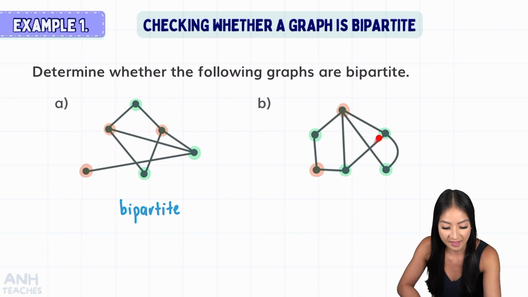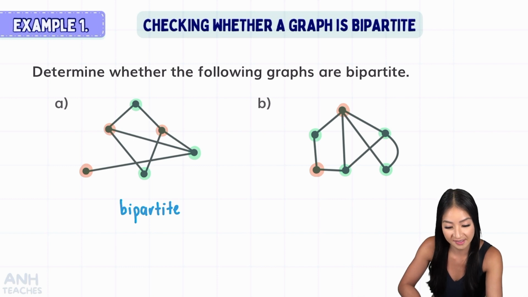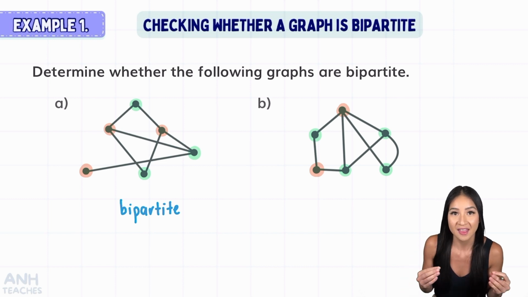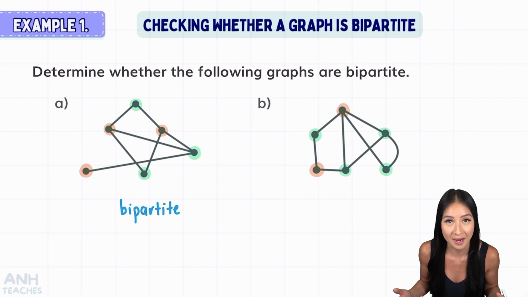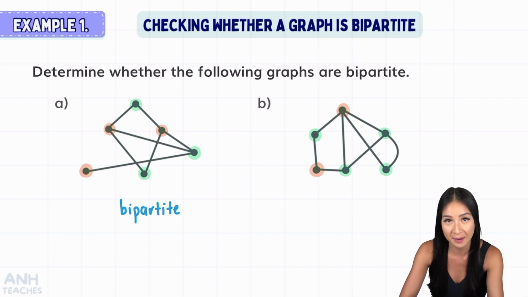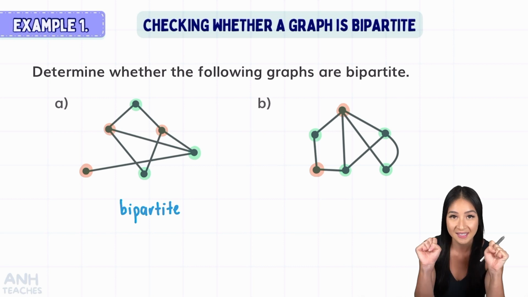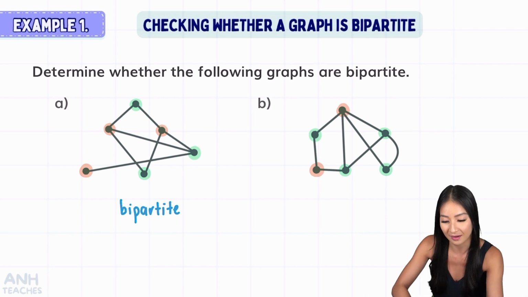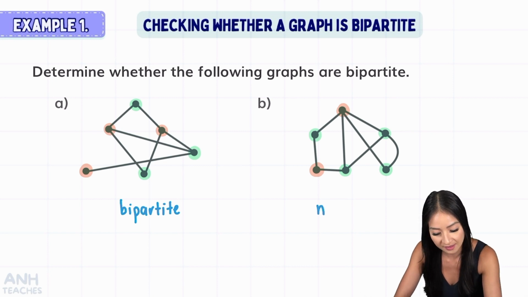So these two vertices are adjacent and these two vertices are adjacent because they're all the same colour, aka in one group. That is not allowed in bipartite graphs. That means that this graph is not bipartite because I can't separate the vertices into two groups where the vertices aren't adjacent within the groups. So this is not bipartite.